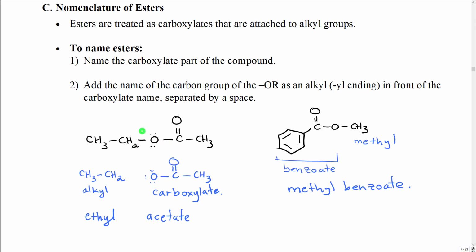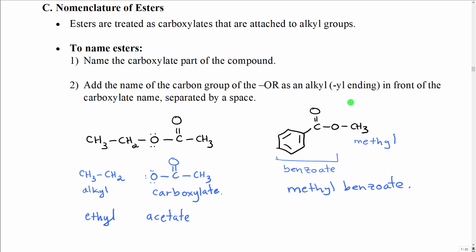On the left-hand side, starting on the bond after the oxygen of the carboxylate, we have 1, 2 carbons in a chain, so that would be an ethyl group. Therefore, we put the word ethyl in front, put a space, and then put acetate for the carboxylate.